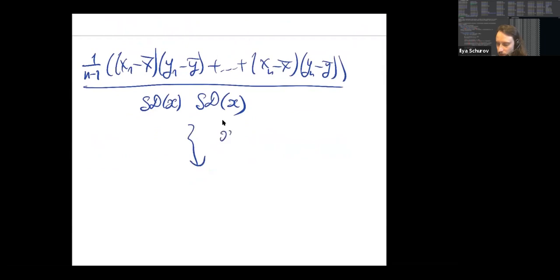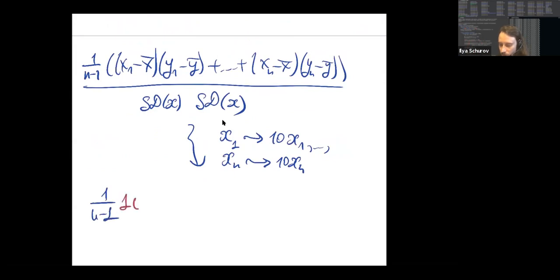Then I replace all our x's by 10 x's. So basically, I just multiply all the values by 10. And what happens in this case? In the numerator, we have 10 times the same thing that we had previously.